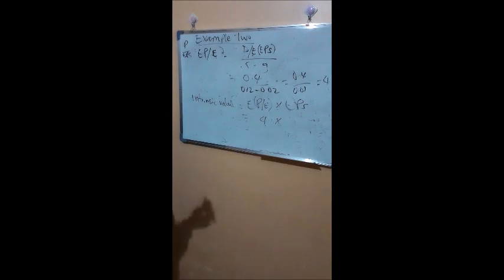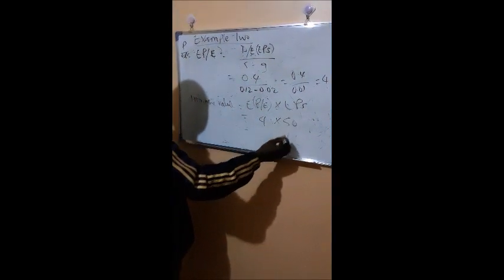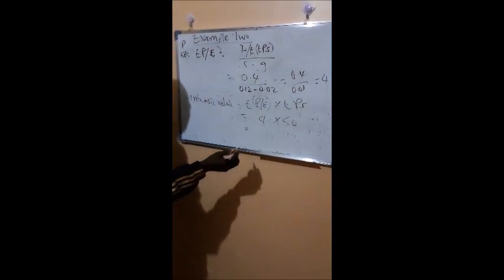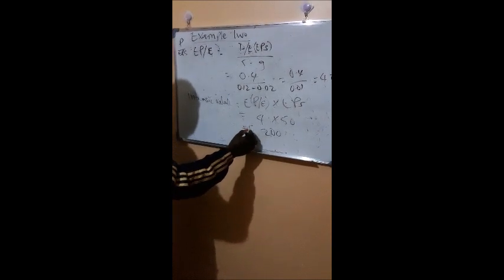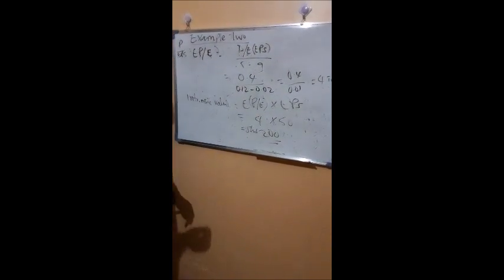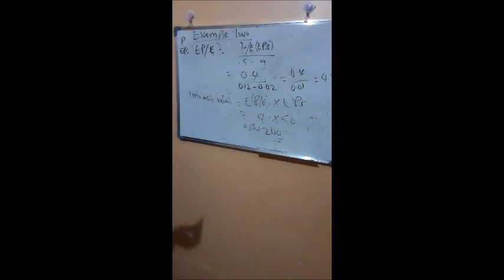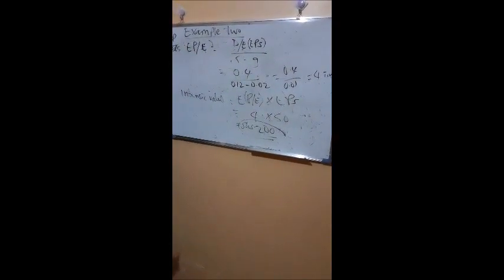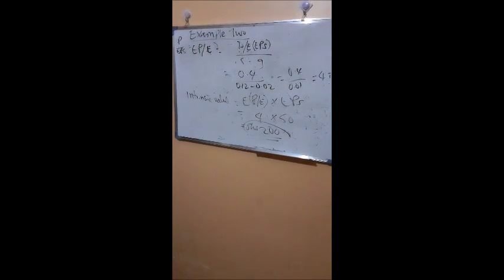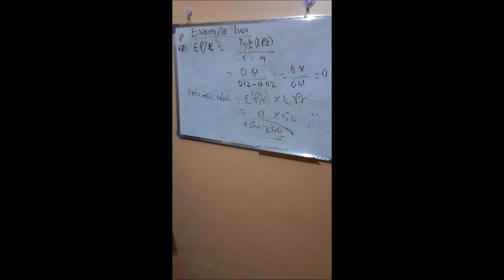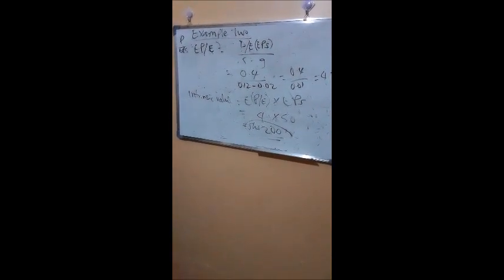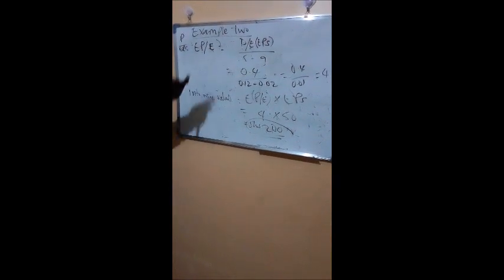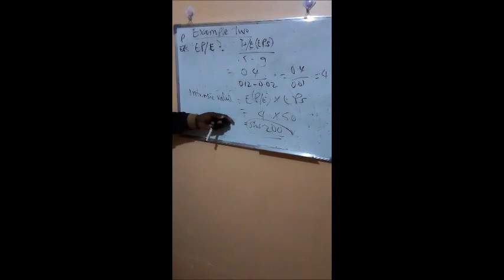In our question we are given the earnings per share of 50. So if you multiply you get 200 shillings as our intrinsic value. Now we can compare this intrinsic value with the market price to establish whether the share is fairly priced, or under or overpriced. But in our example, we are required only to calculate the intrinsic value, so the example is complete.